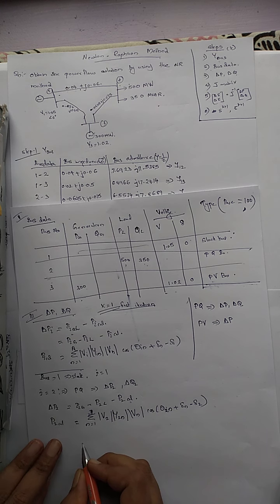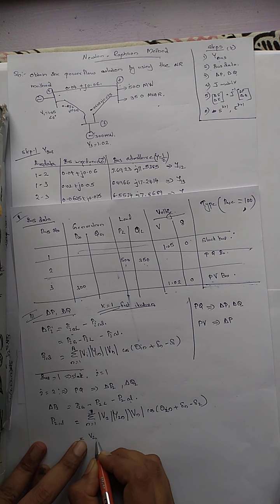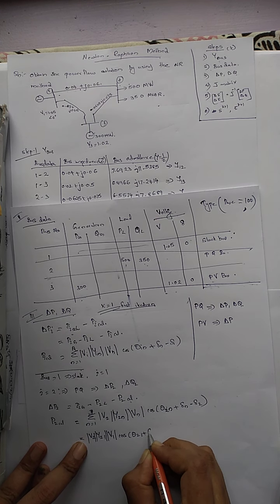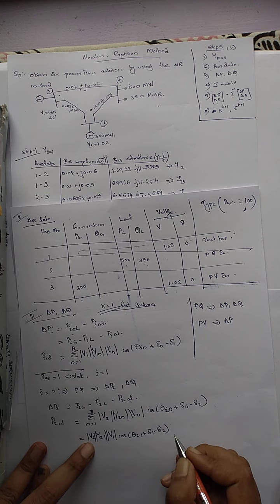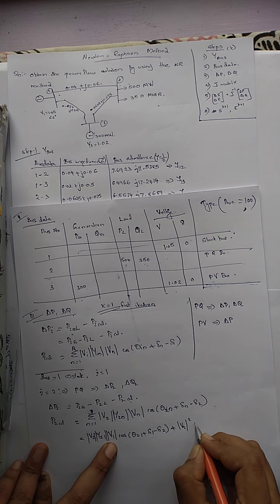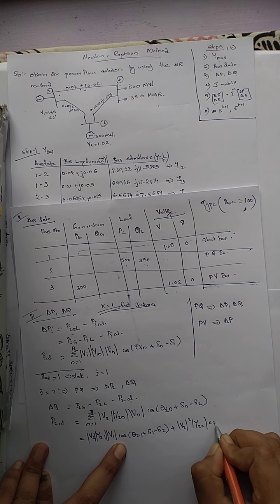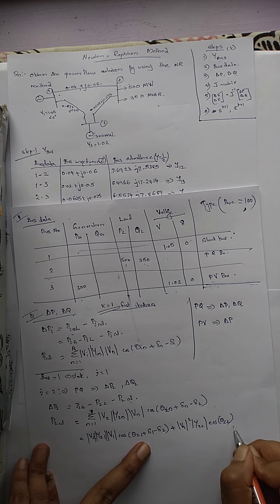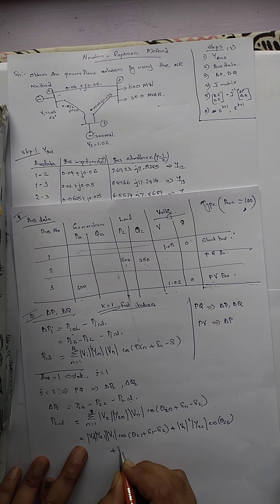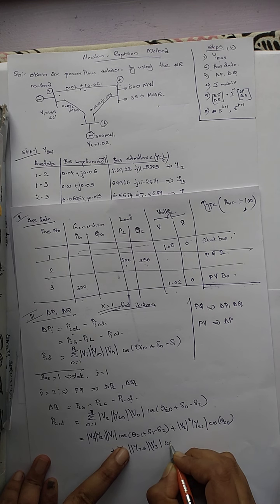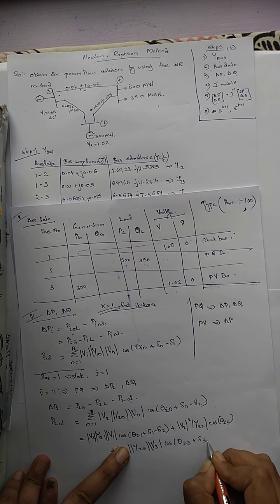Okay, so I am writing it as, that is equal to V2 Y21 V1 cos of theta 21 plus delta 1 minus delta 2 plus, that is next is 2, so V2 square Y22 cos of theta 22, this delta 1 and delta 2 will cancel, so theta 22 plus, we have to write V2 Y23 V3 cos theta 23 plus delta 3 minus delta 2.